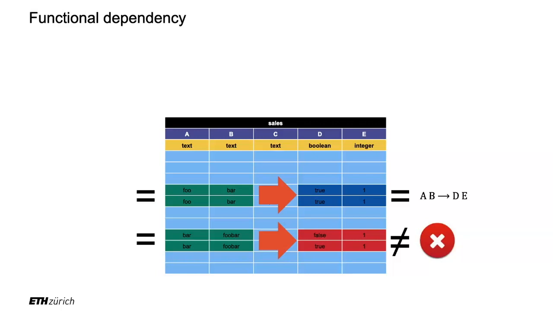So in that case, the functional dependency AB determines DE would be broken, right? So it would be respected on the top, but broken below. And if it's broken at any place in the table, then it's completely broken. It's enough to be broken at one place for the functional dependency not to apply, okay?